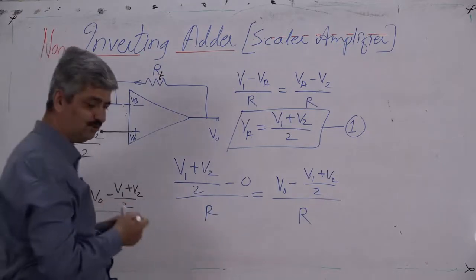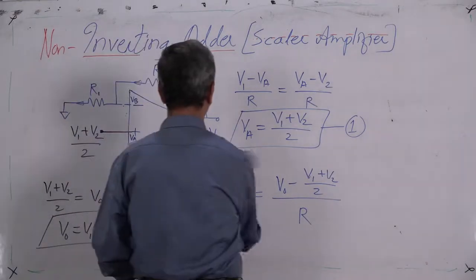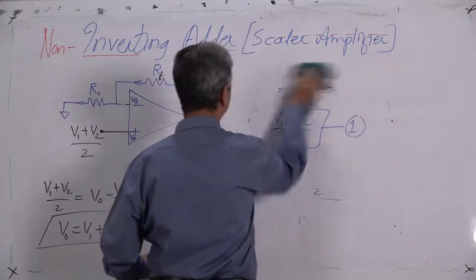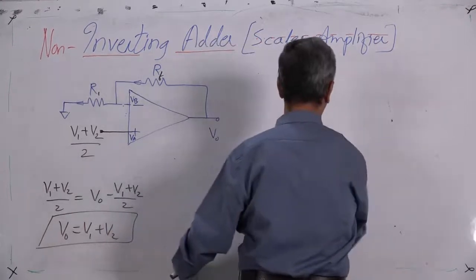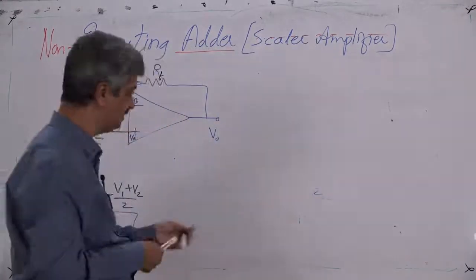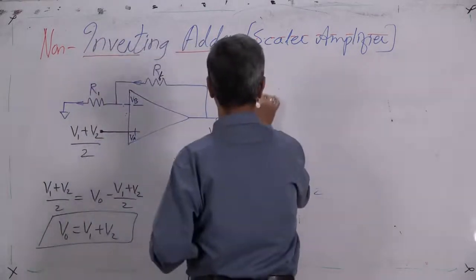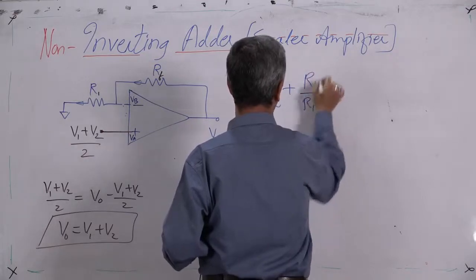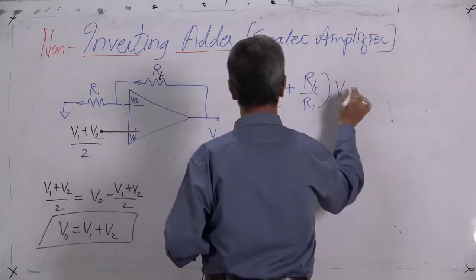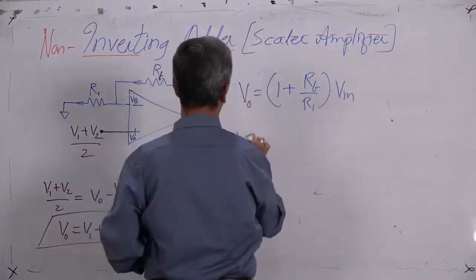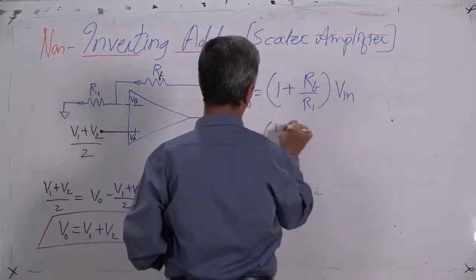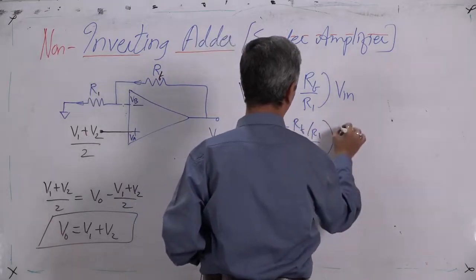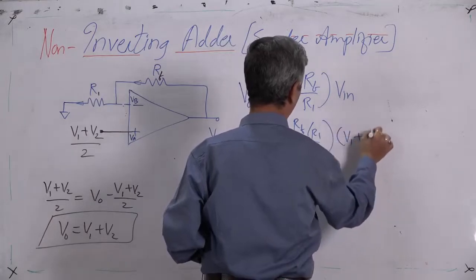So, what will be the output? This adder is now just like a non-inverting amplifier. By the formula, VO is equal to 1 plus RF upon R1 into Vin. But what is Vin? VO is equal to (1 plus RF upon R1) upon 2 into (V1 plus V2).